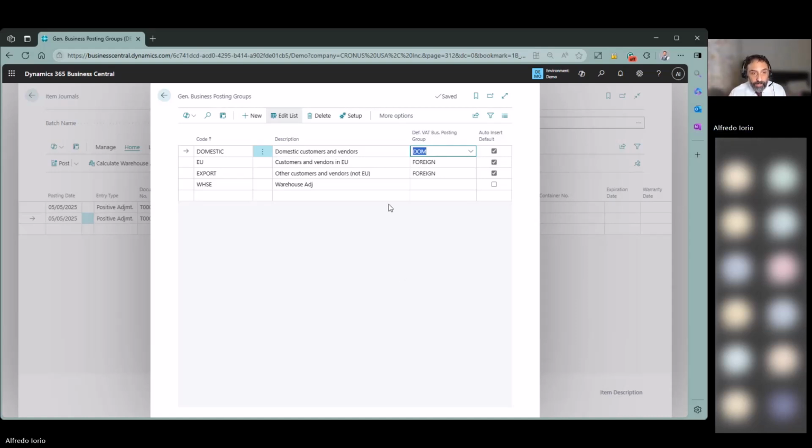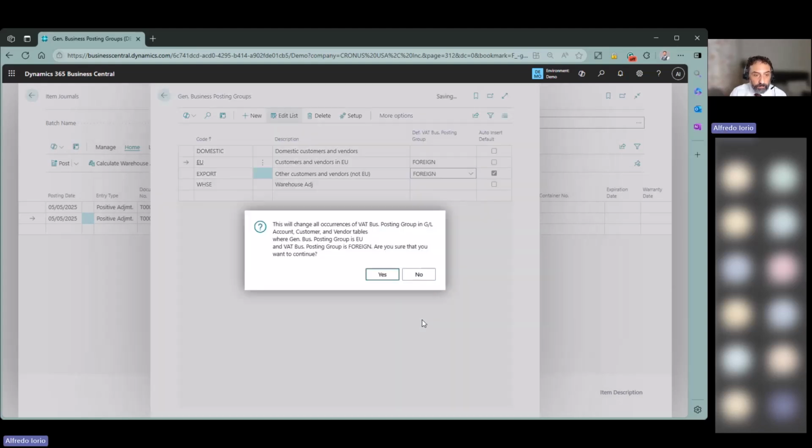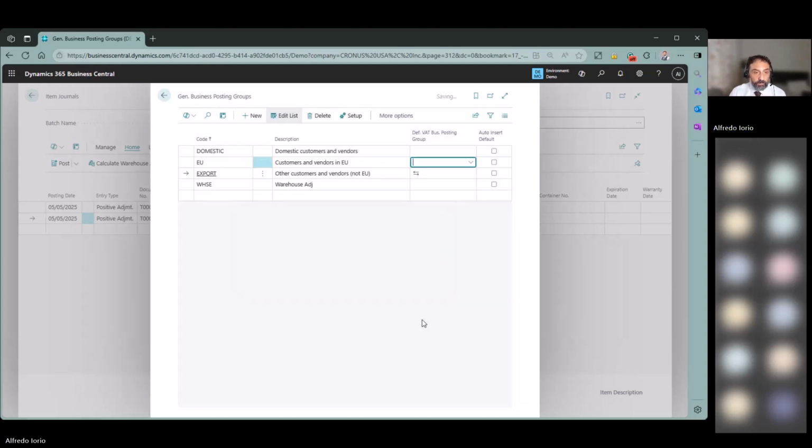However, if I am careful about my setup and configuration and data migration, customers and vendors should have the right VAT or tax posting group on their cards, which means this is what I should be doing. This is the perfect way to do it.